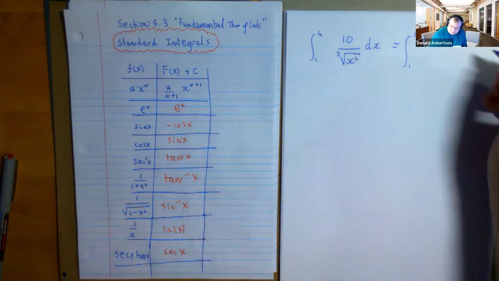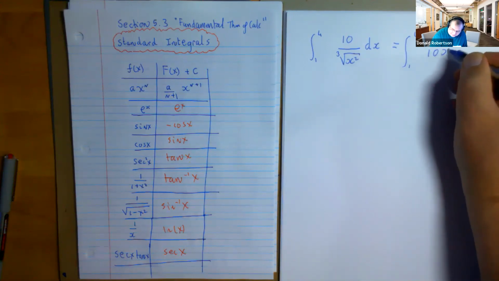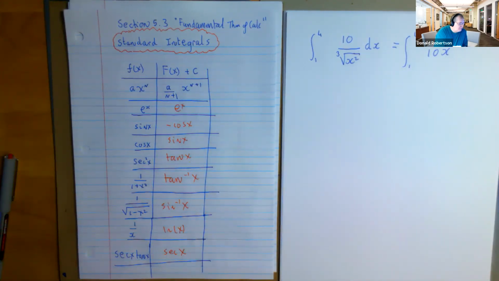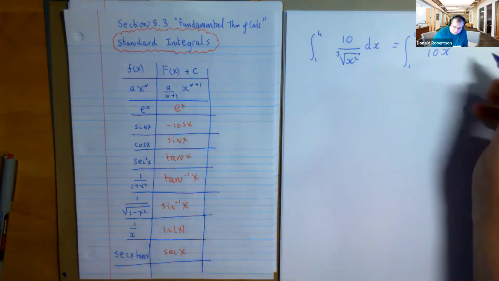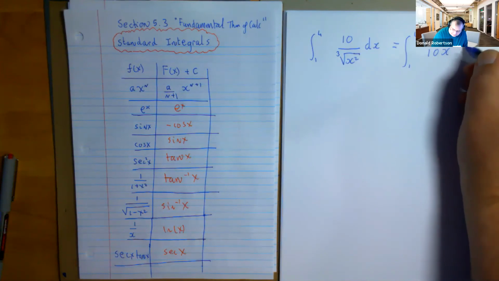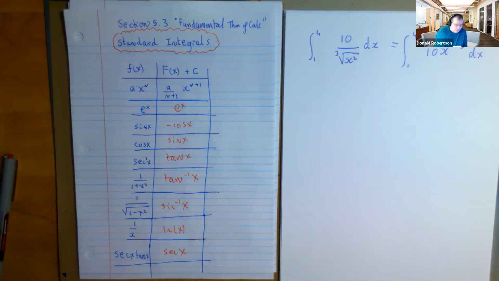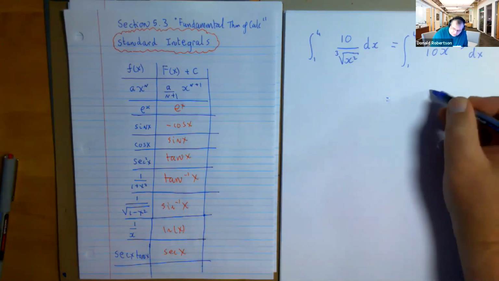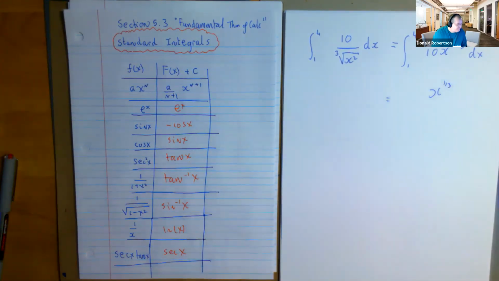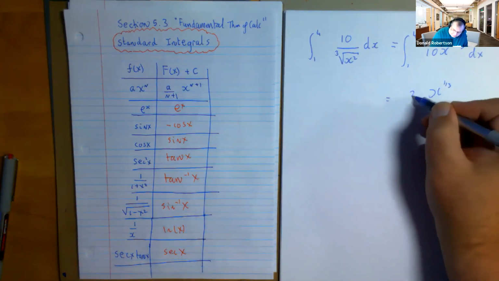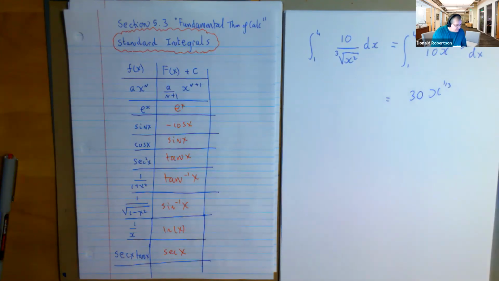What would this become as a fractional power of x? -2/3. Agreed. In this case, then, wouldn't you add 1 to the power? So negative 2/3 add 1 is positive 1/3. And then divide by 1/3 is the same as multiplying by 3, so that's why you got a 30 there.